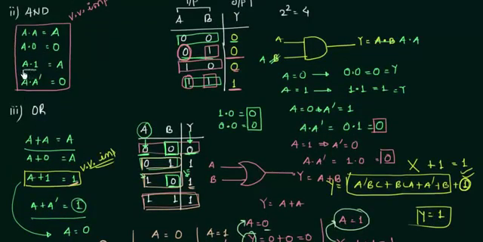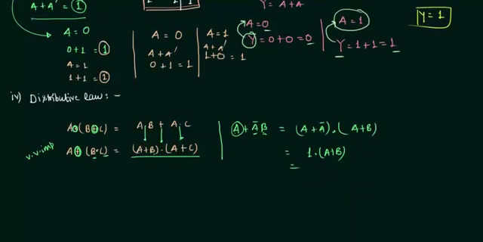From here you can see 1 and A is equal to A. So if I say this (A or B) is X, then I have 1 and X, which is equal to X, and X is A or B. So I have A or B. So directly when I have A or (A complement and B), I will just eliminate this A complement and I will have A or B. This is the most important part of Boolean algebra.